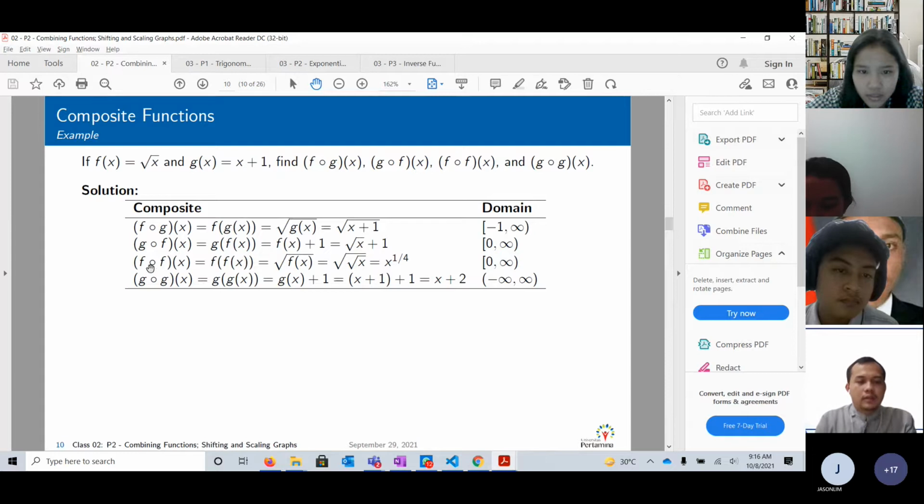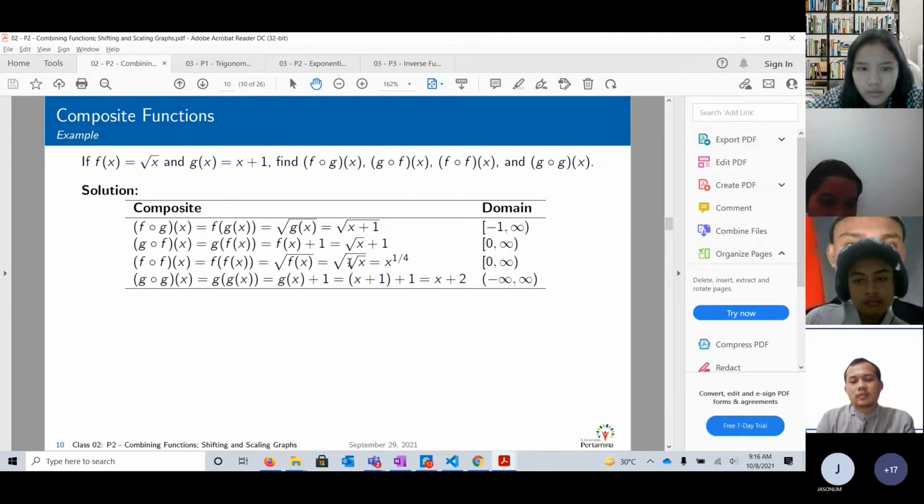What about f composed with f or g composed with g? In this case, even if you flip the position, because they are both the same, f and f, g and g, we will always have the same form of the composition. But for how to construct the domain, you can take a look at this.